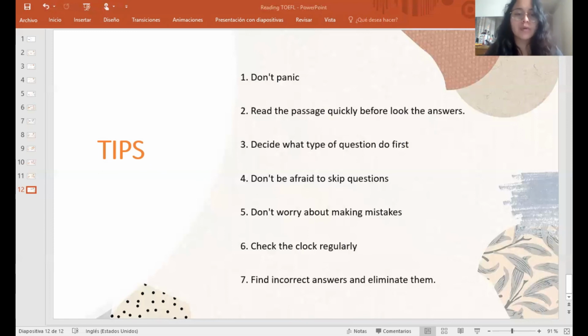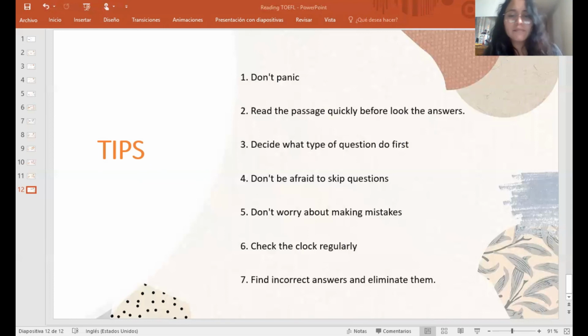Also, don't worry about making mistakes because in the reading passage there are between 12 to 13 questions, and if you make one or two mistakes, it is not a real problem. Okay, also check the clock regularly.